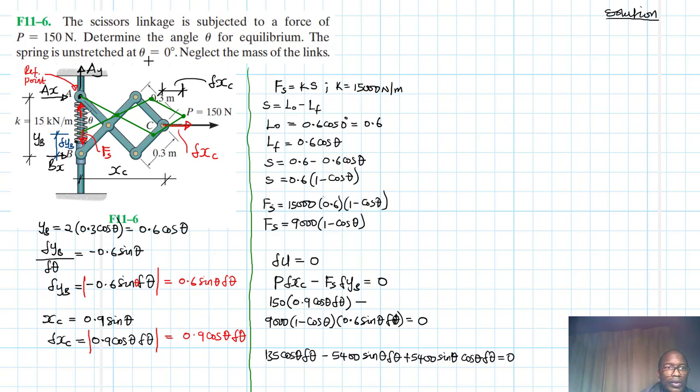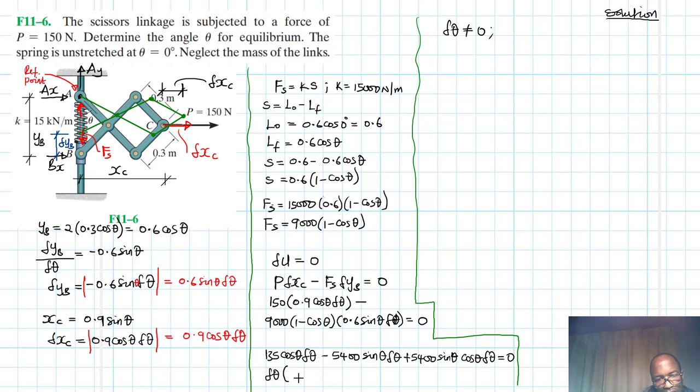From this expression, if we are to simplify it further, we know that our del theta is not equal to 0. Therefore we can factor out del theta.